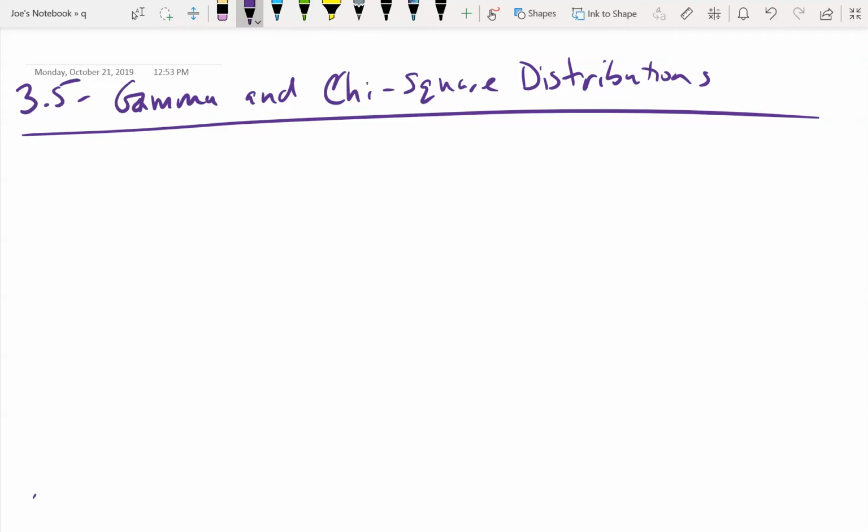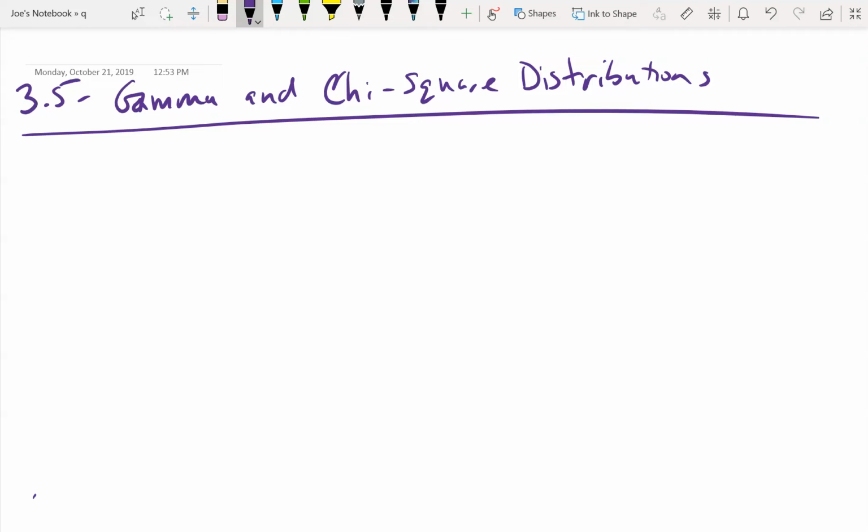In particular, if you're trying to do any types of hypothesis testing between two different populations, one of the assumptions that you would like to be able to make is that the variances are equal, because it makes the hypothesis test easier to do. And the chi-squared distribution gives you a way to see if that's a plausible hypothesis or not. So as far as a useful distribution goes, if you're going to go on to take mathematical statistics, you will see the chi-squared distribution pop up again.